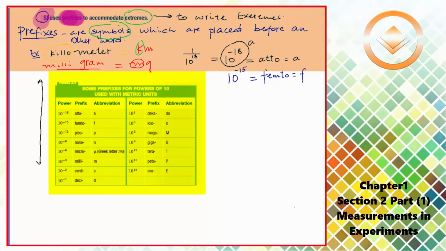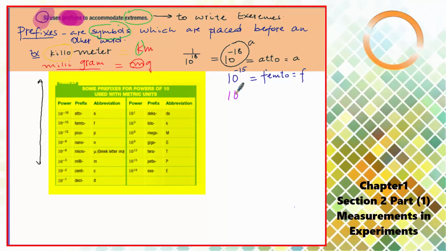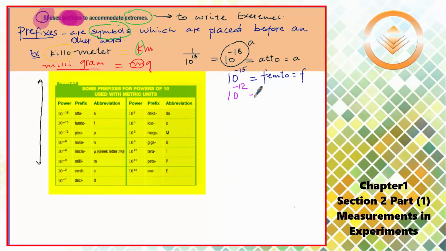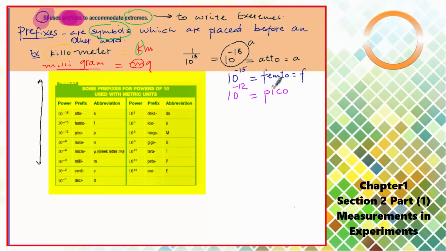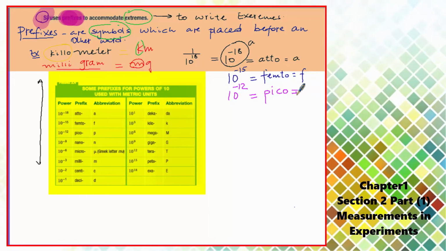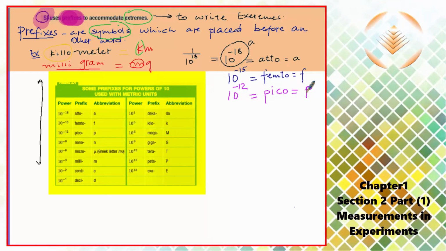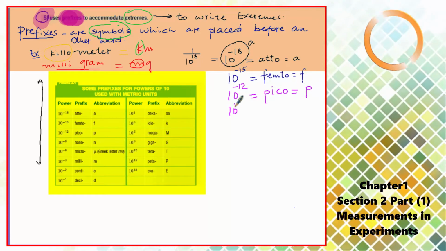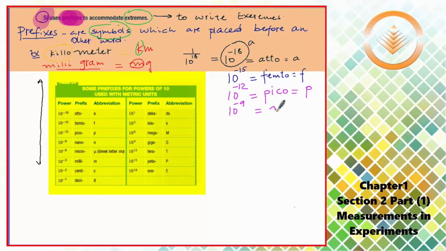The other one is 10 to the power of negative 12, which is called pico, that's p. The other one is 10 to the power of negative 9, which is called nano.